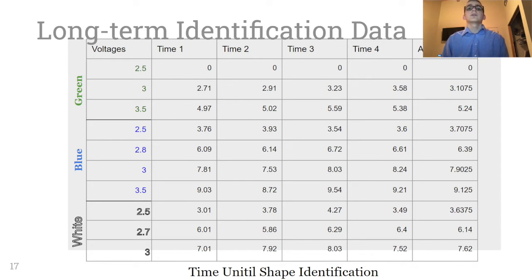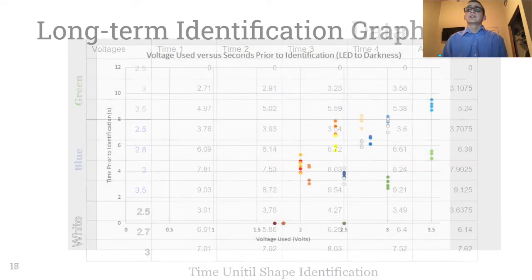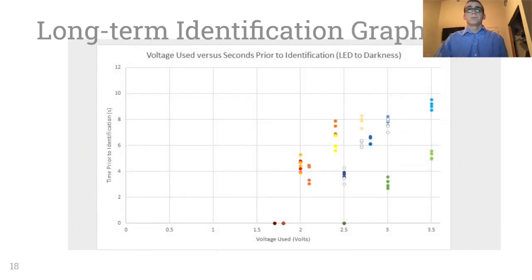The 3 volts for green and 3.5 volts for green did both have readings for me at 3.1 and 5.24 seconds. Blue, again, I tested with 4 separate voltages, and they all had times associated with them, ranging from 3.7 seconds to 9.1 seconds. White also had readings for all of its voltages, ranging from 3.6 seconds to 7.62 seconds.